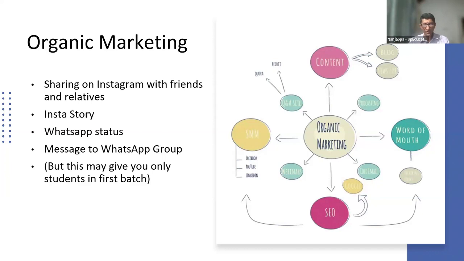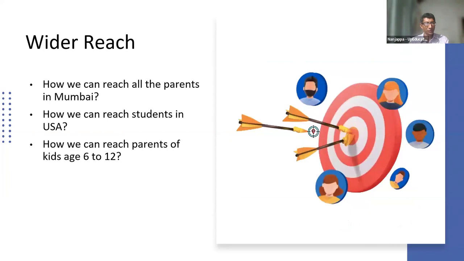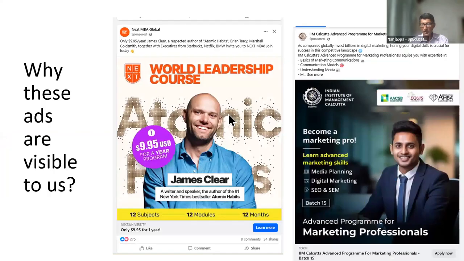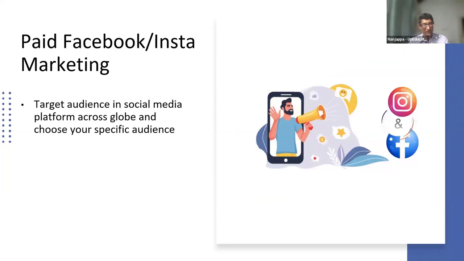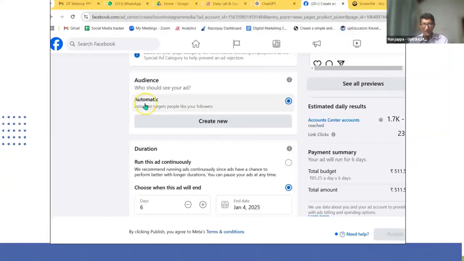Maybe you can start with 300 rupees per day, 200 rupees per day is also fine. Now, I explained about the website and Google Business page. That's the online presence. You can reach out to wider people. You will see ads like this, which you can design easily using Canva. That is another thing that I will be asking you to do.